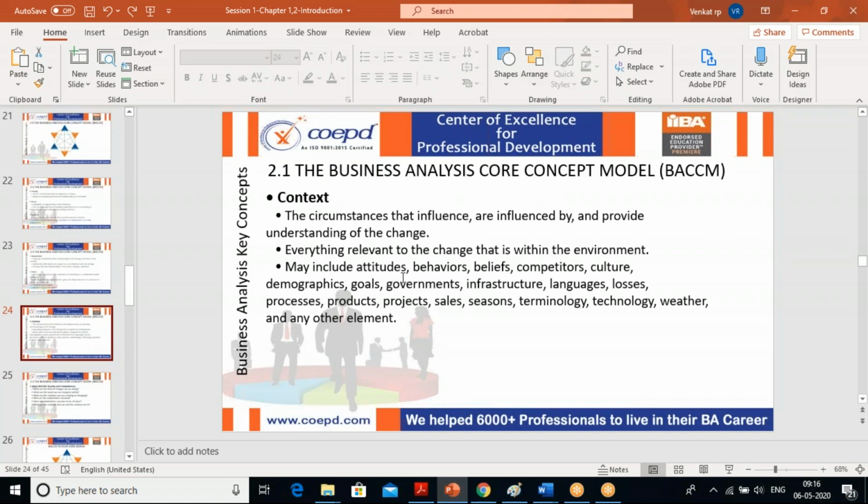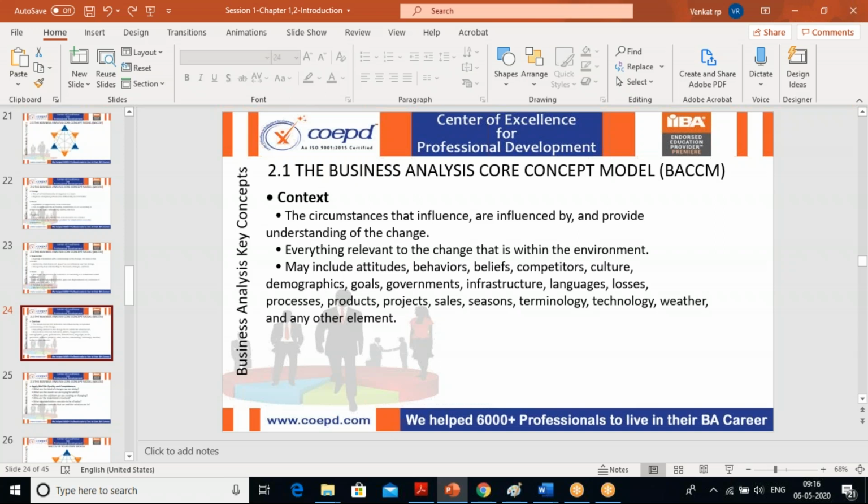And we need to understand the context. The context means the situations or circumstances in which this particular change is going to happen, the circumstances that influence, are influenced by, or provide an understanding of that particular change. Everything relevant to the change within the environment is the context.